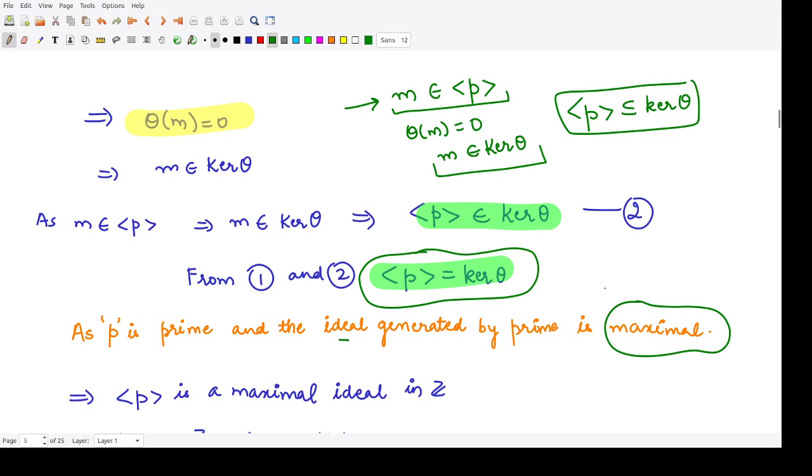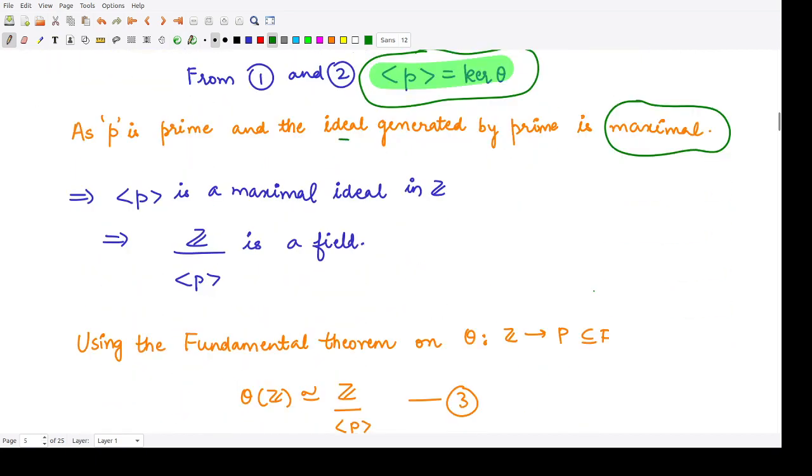Now because this ideal is a maximal ideal in Z, we can say Z divided by this ideal is a field. This is also a result that if you have an integral domain and you find a maximal ideal, then the quotient obtained by the division is a field.